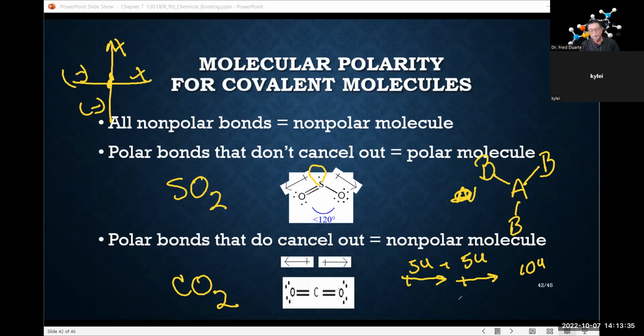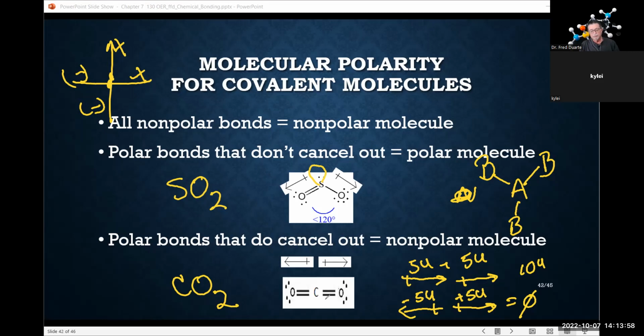Now, if I turn one of these around and have it go in the opposite direction, so now it's 5 units in the negative direction and 5 units in the positive direction, the result is the net is 0. So these arrows, depending on the direction, can cancel each other out.